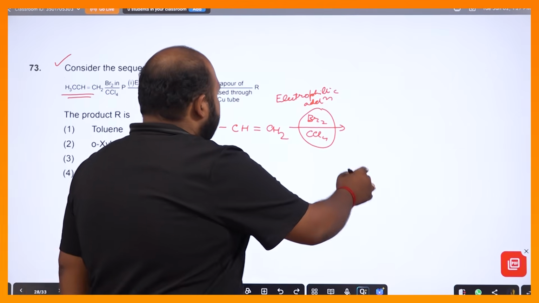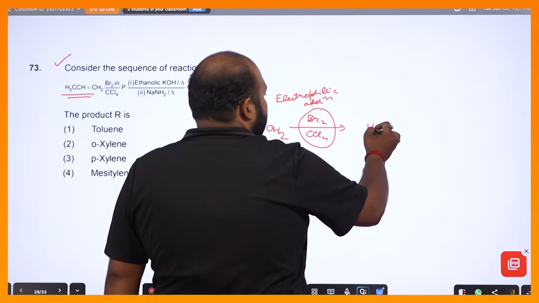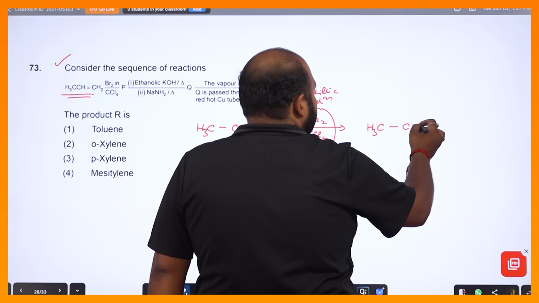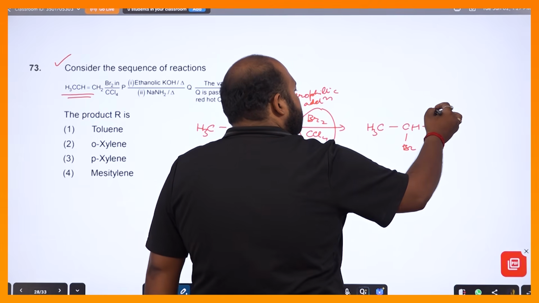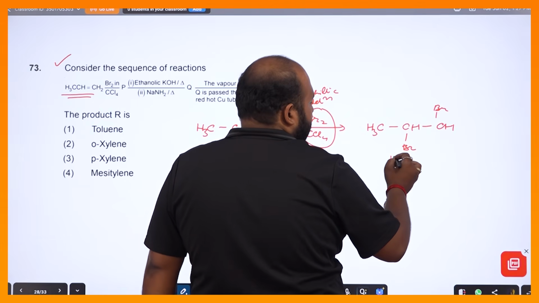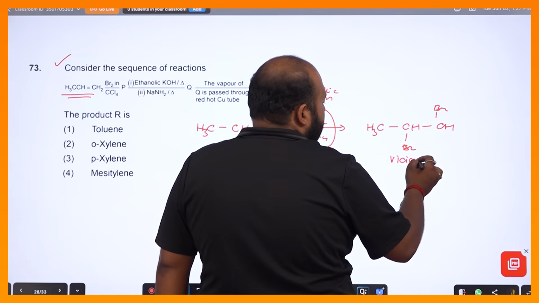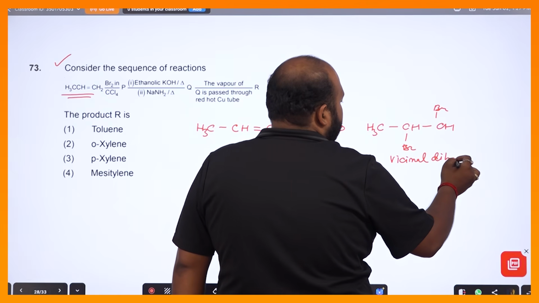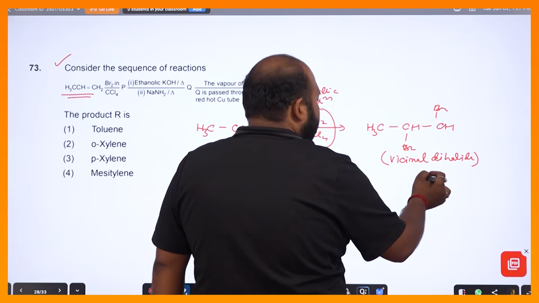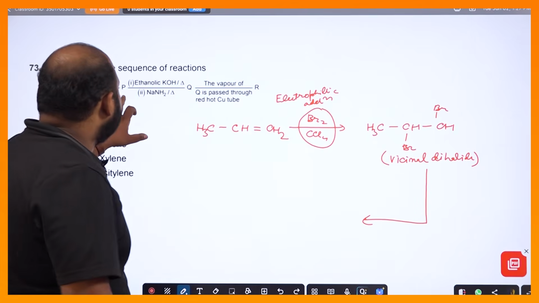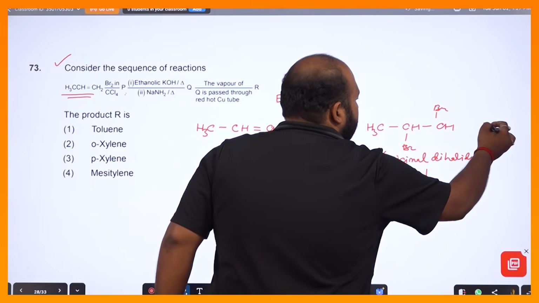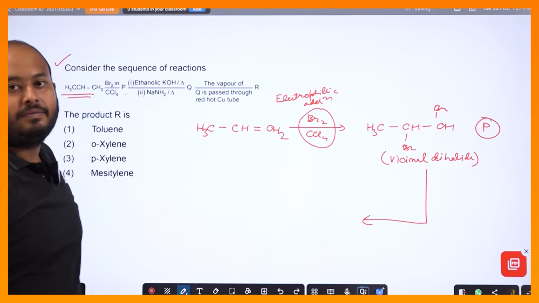So what will happen here? It will form a compound like this. This is a vicinal dihalide which it has formed. This is the product P.